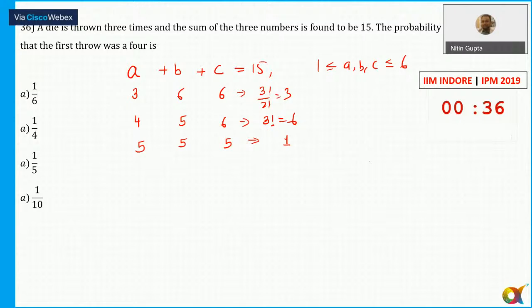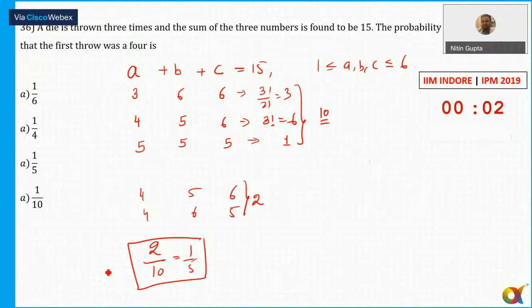There will be exactly one case. So how many ways can the sum of 3 numbers be such that the maximum possible value of any number is... 10 ways. That the first... the answer for this is A.